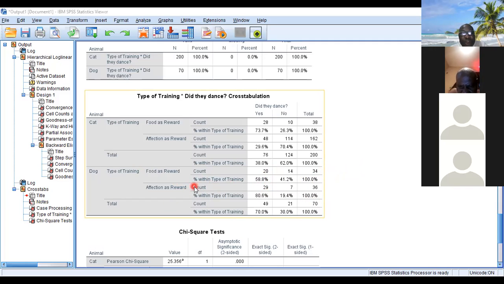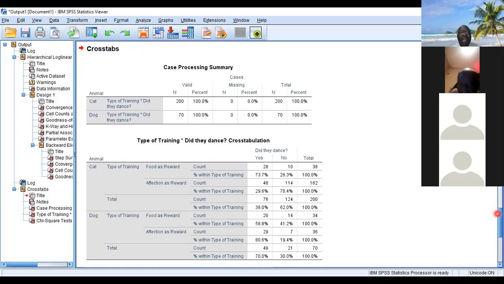While the total that received affection as reward is 36, and 29 dance. So 80.6% of dogs respond to affection by dancing, as opposed to 58.8% that respond to food. Can you see now?